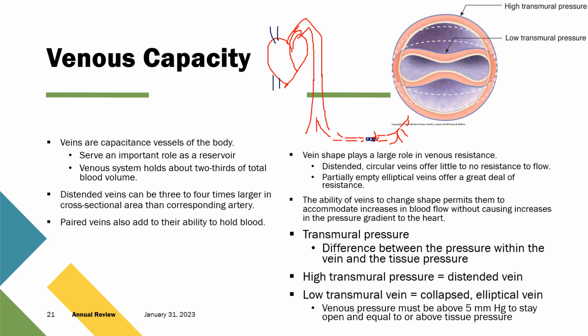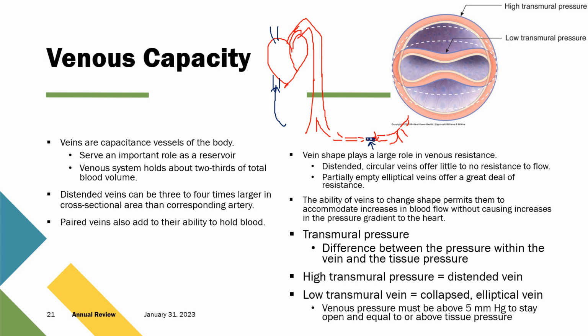Because at this point we really lose pulsatility in our vascularity, on the venous end we actually don't have any pump moving blood up through the venous system. So venous capacity is going to be really dependent upon pressures.